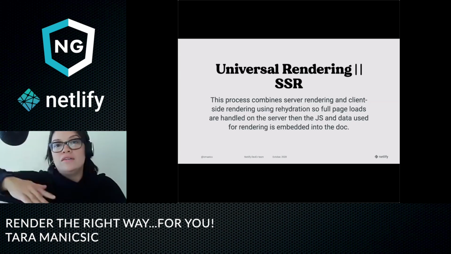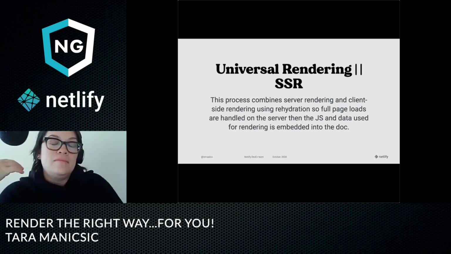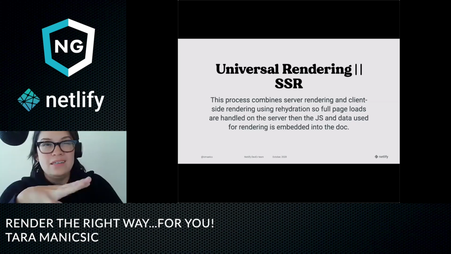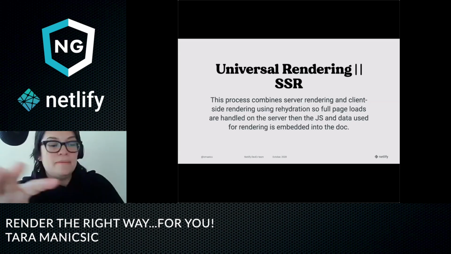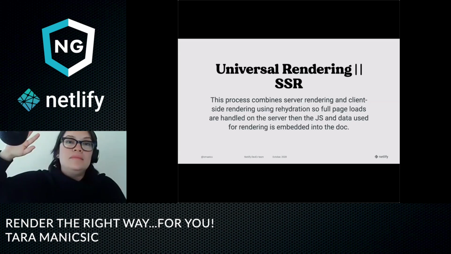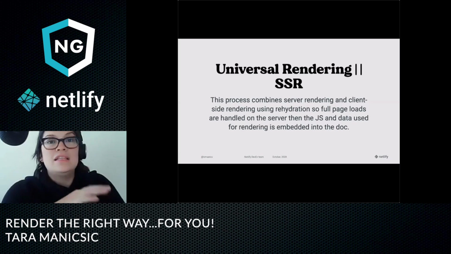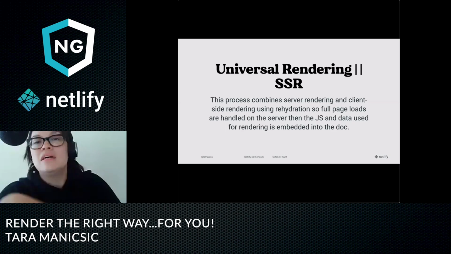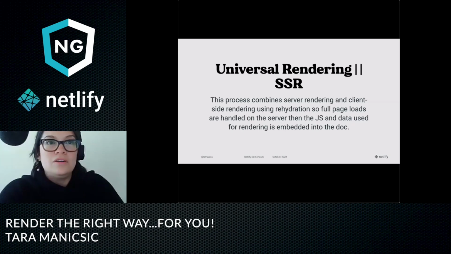So you're getting all of that rendering, the HTML, on the server, and then the JS. I think it's actually a JSON object, but you're getting the JavaScript and the data used for rendering embedded into the doc, and then it's triggered. Then the client will actually trigger that JavaScript code to render or grab that data.